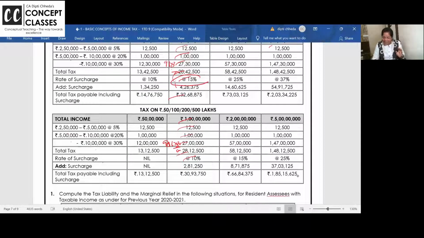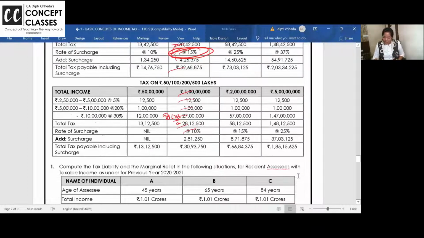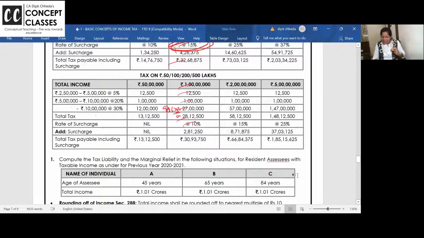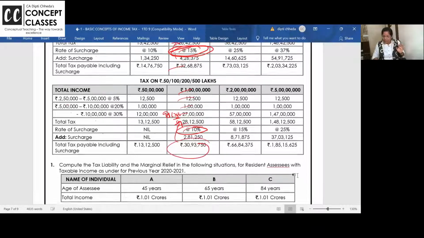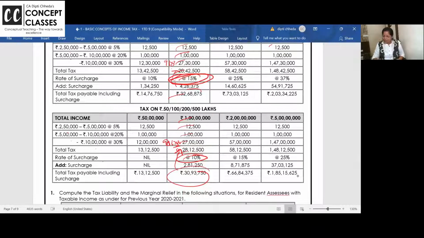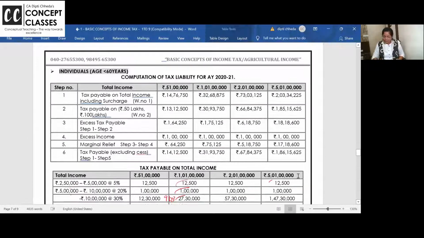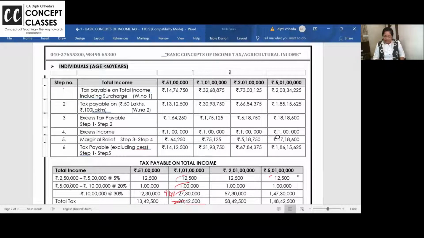Because if 1 crore is exceeded, the rate of surcharge is 15%. Up to 1 crore, surcharge is there, but at a lower rate, 10%. Surcharge is always calculated on tax. So your tax is coming to 32,93. Now come to the first table. If you are paying tax on 1 crore 1 lakh, it is 32,68. If your income is just 1 crore, 32,93.